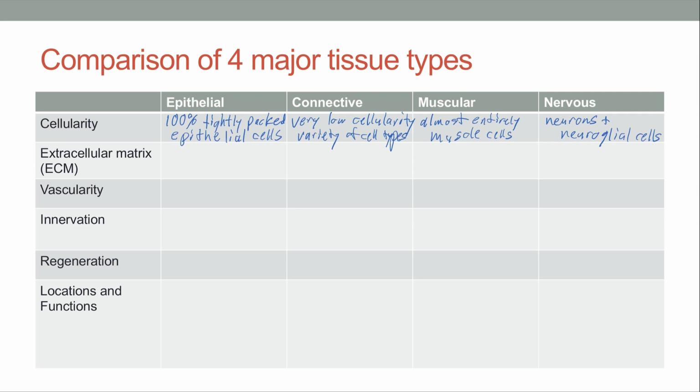What extracellular matrix do each of these have? Epithelial tissues, being nearly 100% cells, have a very thin basement membrane. Whereas connective tissues, having a fairly low cellularity, are, I'm going to use a technical term here, chock full of protein fibers and other matrix.